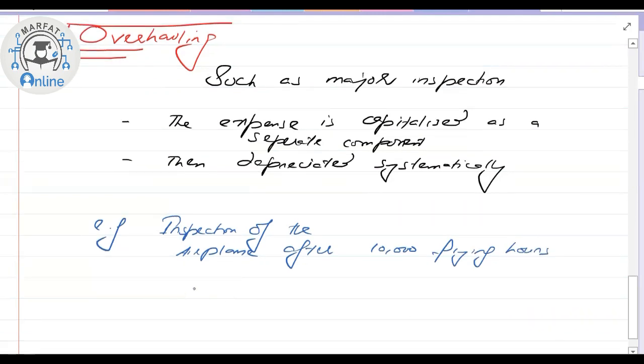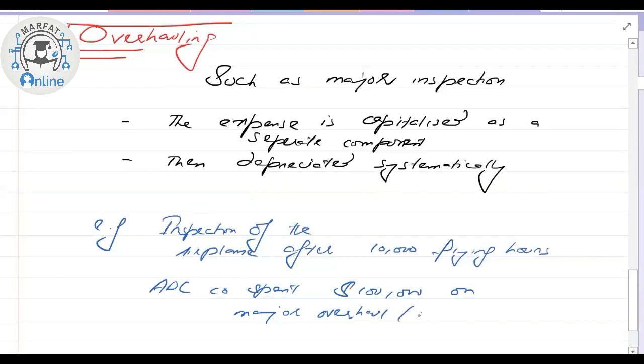All right, and the ABC company spent $100,000 on major overhaul or, for example, inspection.